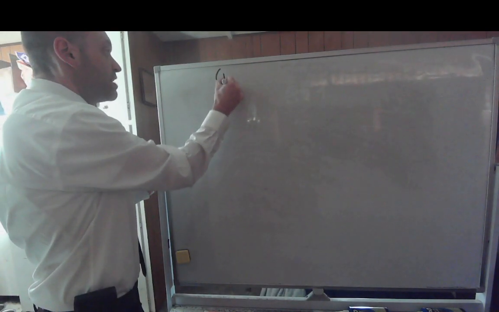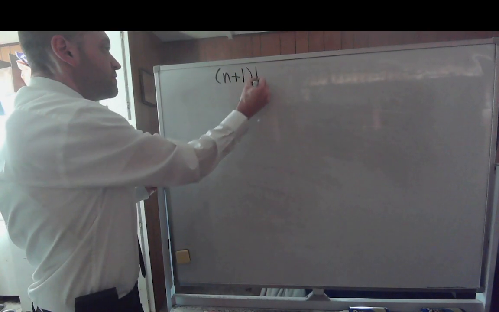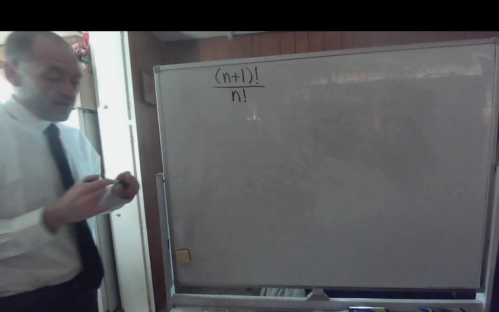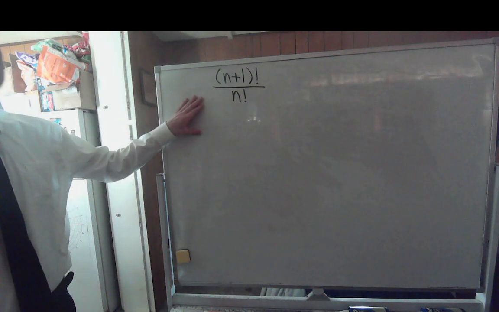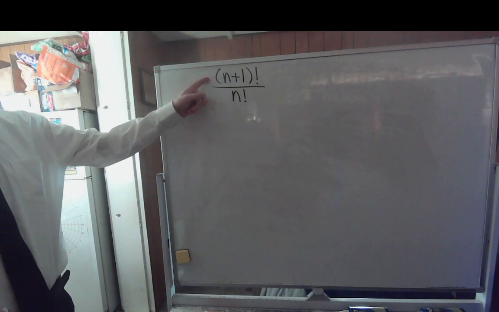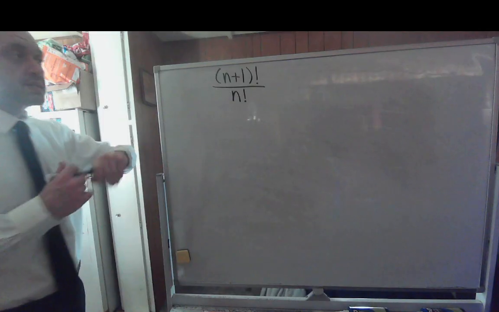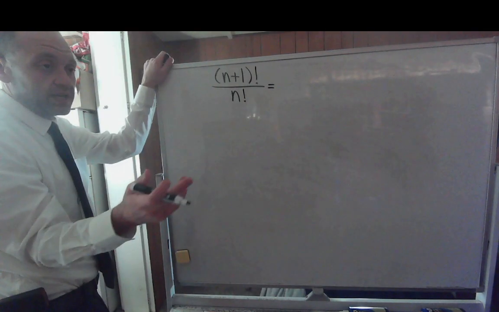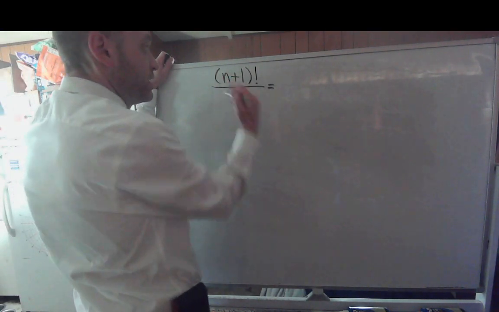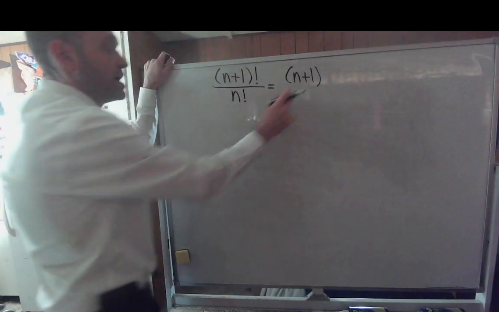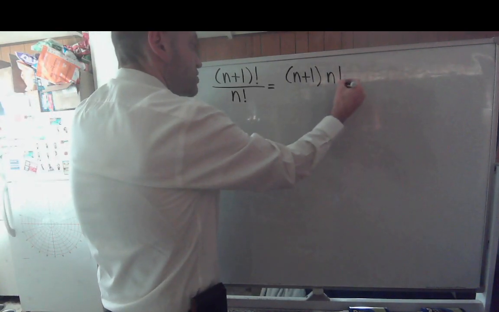So let's say we have something like, algebraically, n plus 1 factorial divided by n factorial. How the heck are we going to simplify that? It's really not as bad as it looks, because factorial means you take the number and multiply it by 1 less constantly until you reach, well, in this case it would be infinitely, but we're not going to go on infinitely, because if we look here, n plus 1 factorial would just turn into n plus 1 times n factorial.